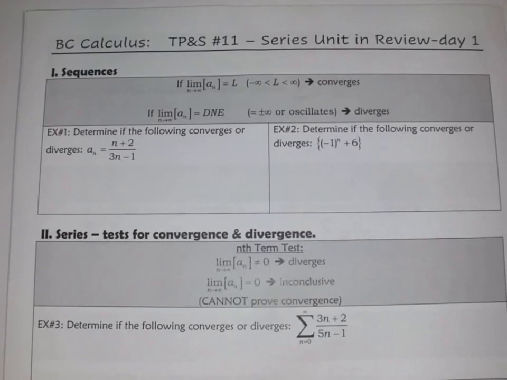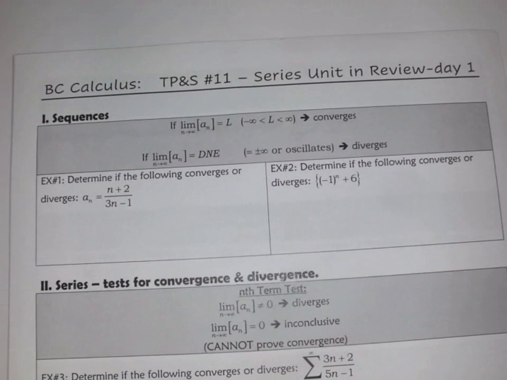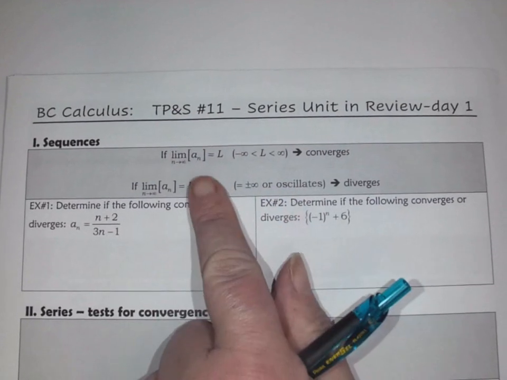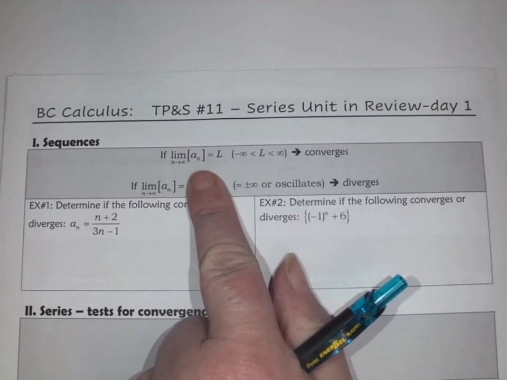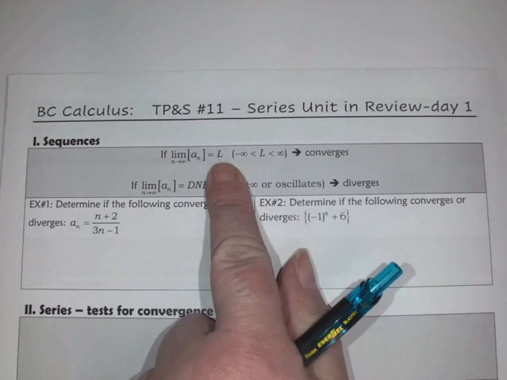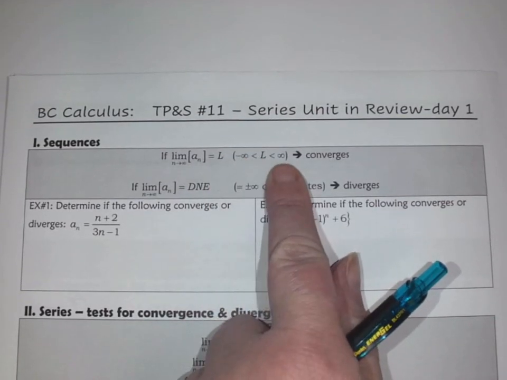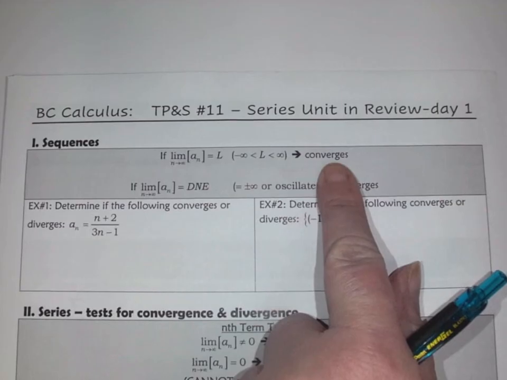So the first thing that we did last semester when we started our sequences and series unit was we talked about convergence and divergence. So we started with sequences. Remember, sequences are a list of numbers that have a pattern. And if the limit as n goes to infinity of our formula is equal to L, and L is a finite number, something between negative infinity and infinity, then we say it converges.